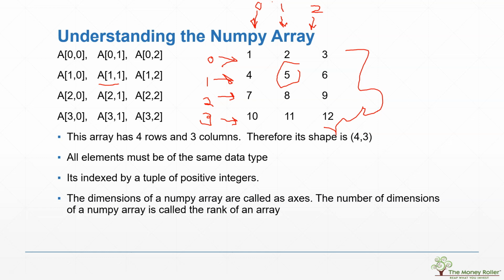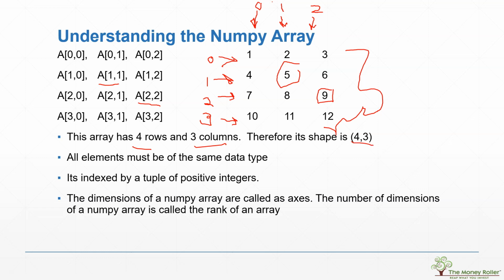If I want to access 9, it's in row 2 and column 2. So if I do A[2,2], it's going to give me 9, and so on. Now this is how you index it. Okay, now this array has 4 rows and 3 columns in it. That is why its shape is 4 by 3.